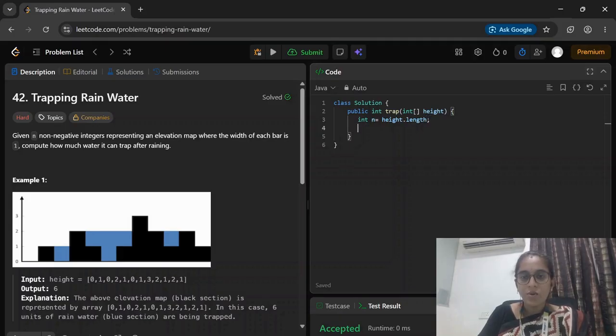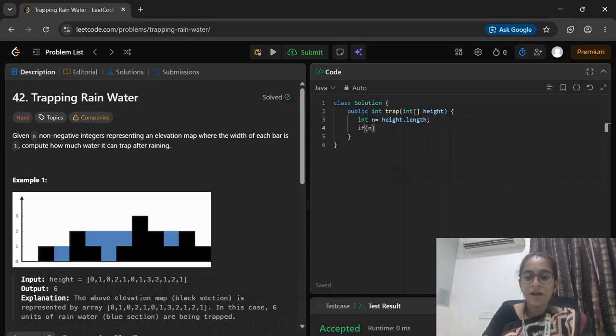Okay, so first the base case should be there if they have given a non-negative integer. Non-negative integer in the sense the given array is going to be positive integers. If anything is negative, we can't solve the problem, right? So the base case should be right here.